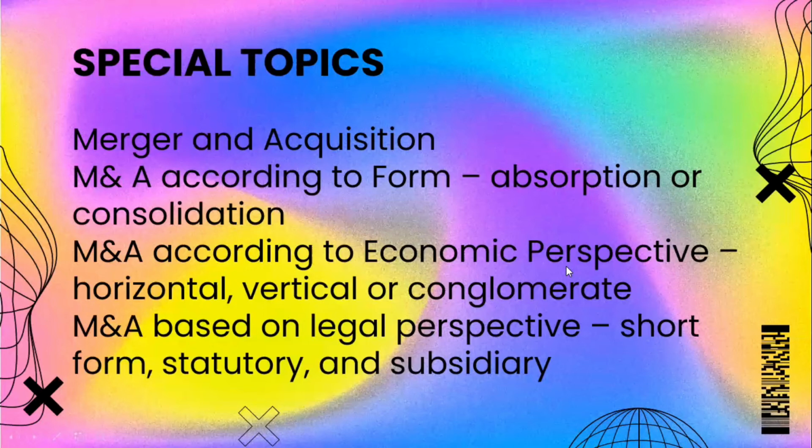And then next we have M&As based on legal perspective. We have short form, statutory, and subsidiary. Short form M&A is when a parent purchases more interest from its subsidiary. Normally, a parent company that has about 90% to 100% ownership is a short form M&A.